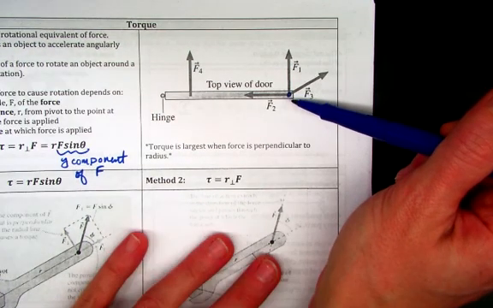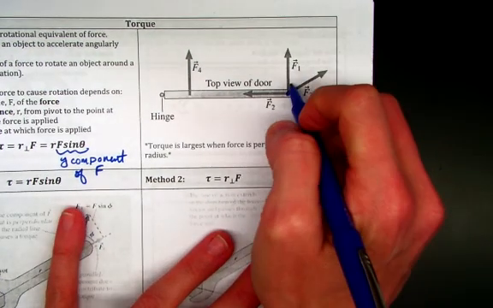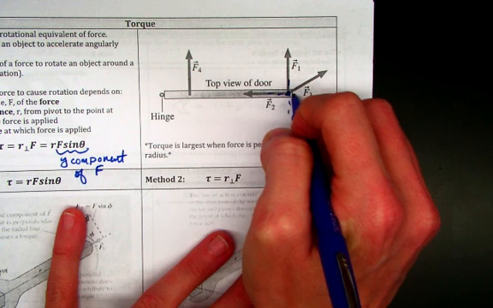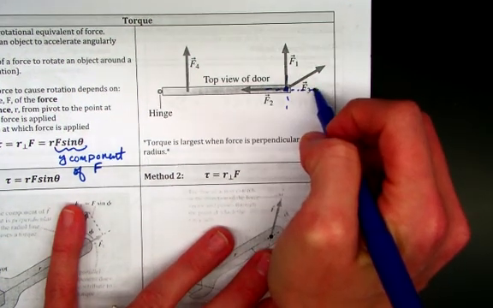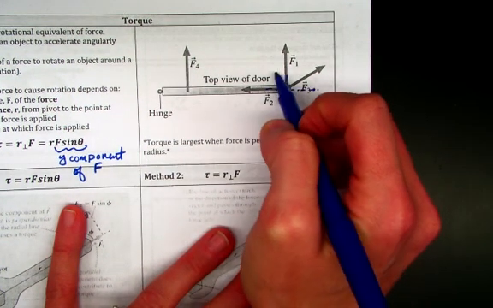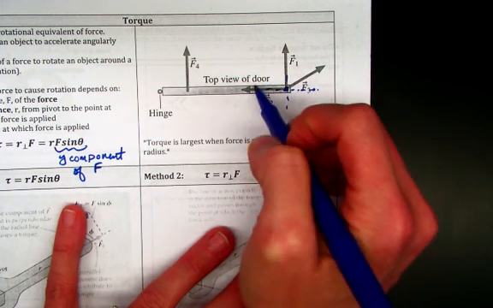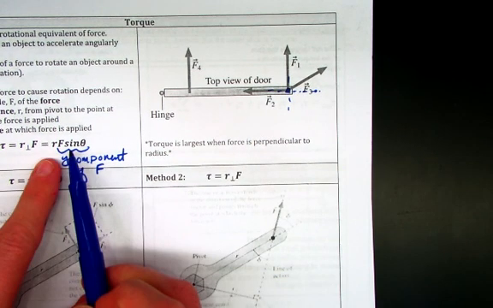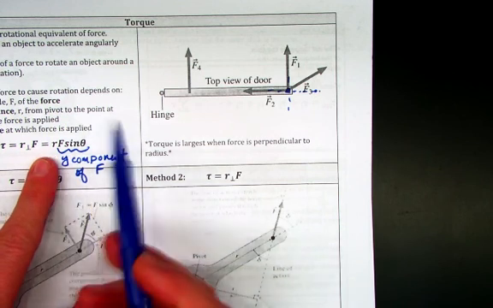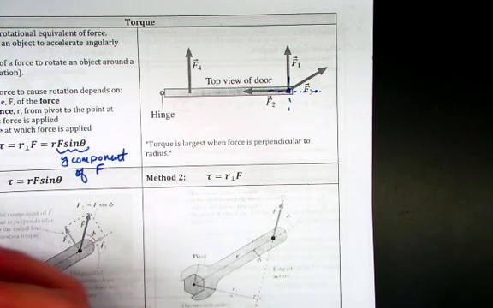Where this is 0. What is the angle measure here? 180. What's sine of 180? 0. So if we were to come back to this, right, RF sine theta, it would be the radial distance times the force, which maybe we are applying a force, but it's times the sine of theta. So your torque for force 2 would have to be 0.